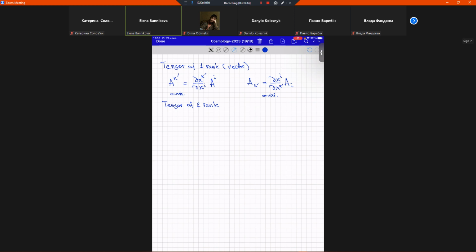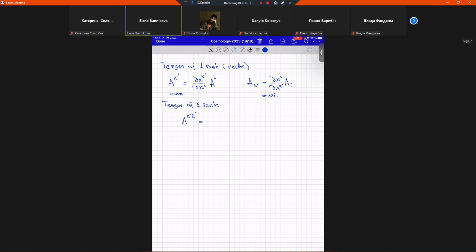So in a similar way, I write A. For the second rank, it means that I need to put two indexes, K prime, L prime, for example.